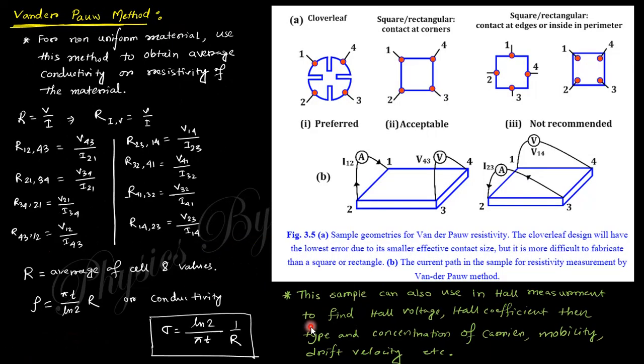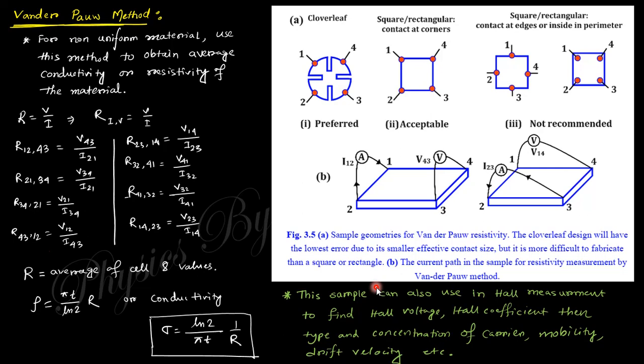And importantly, using the Hall effect, you can flow the current in the opposite direction and you will get the Hall voltage here. So using this sample you can also measure the Hall coefficient, and after measuring it you will get mobility, drift velocity, carrier concentration, type of the semiconductor, etc. So all these things can be measured from this type of sample.